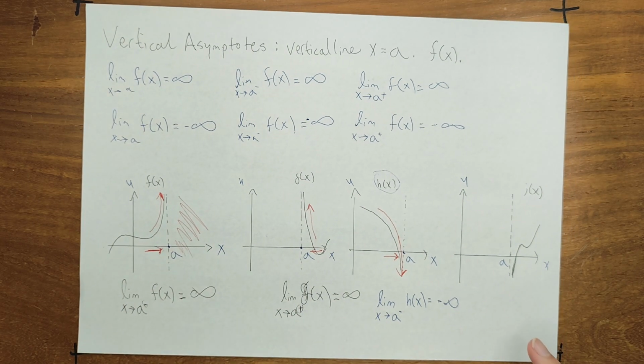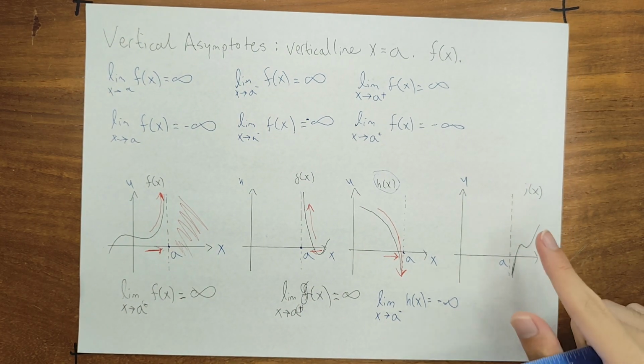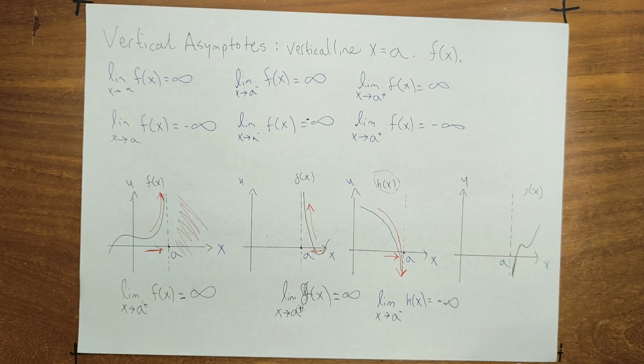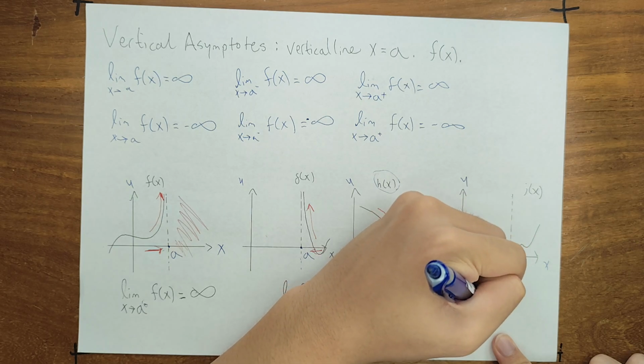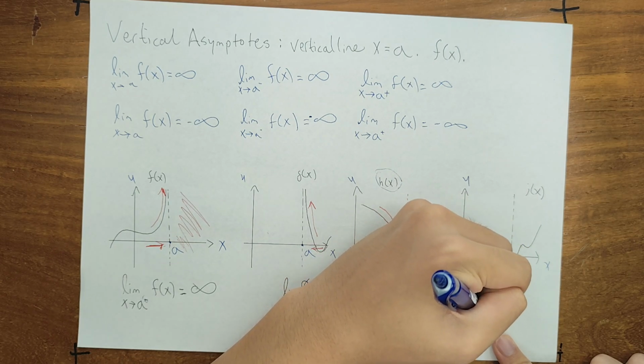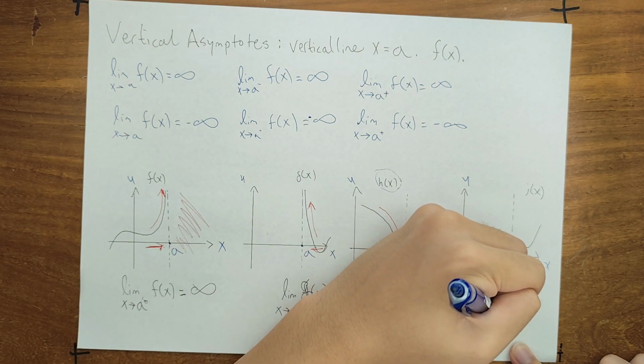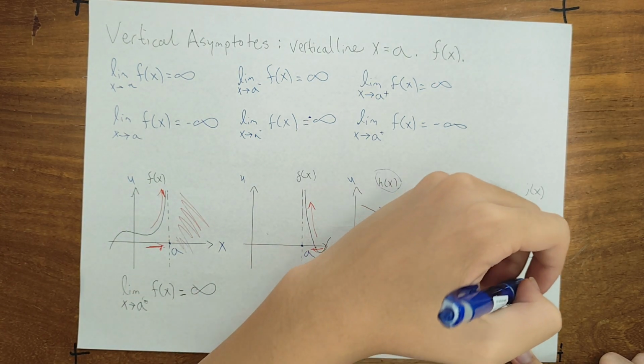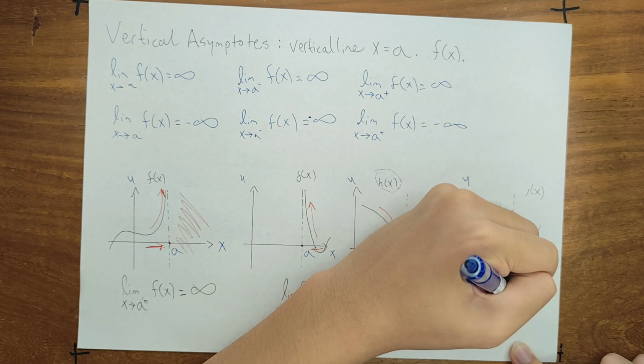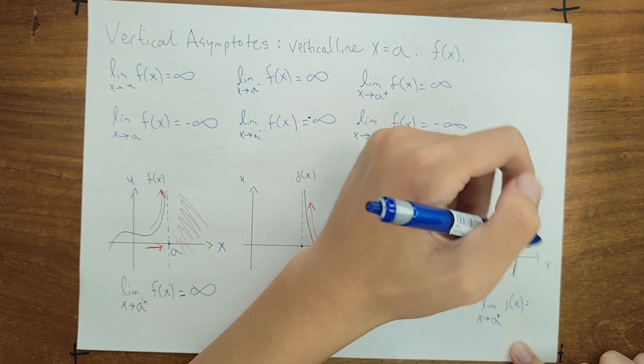Finally we have the last function, j(x). x is approaching a from the right. What is it approaching?